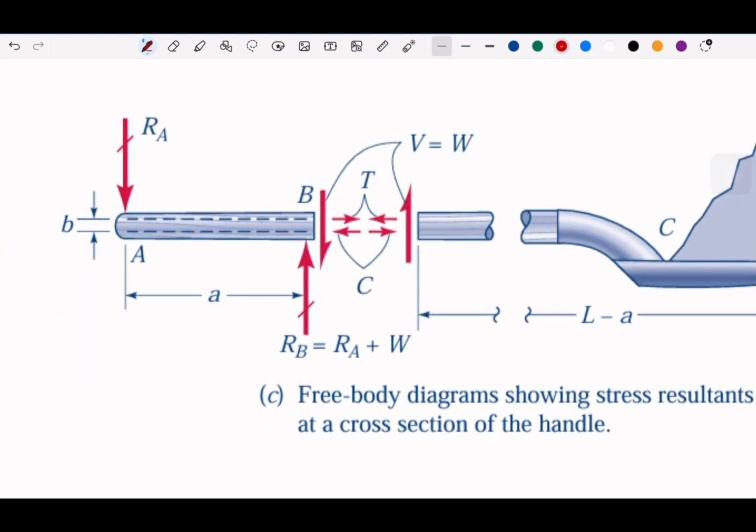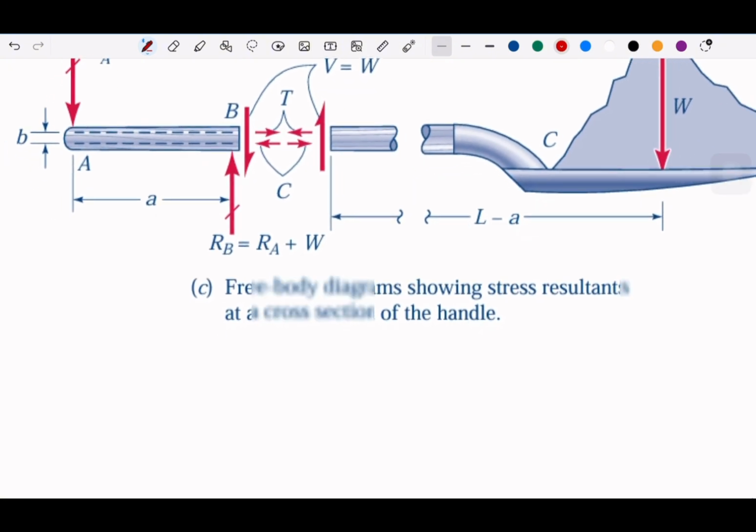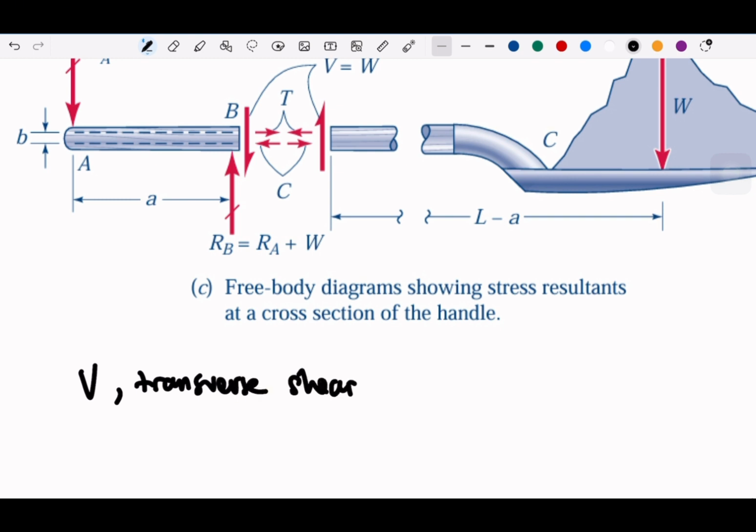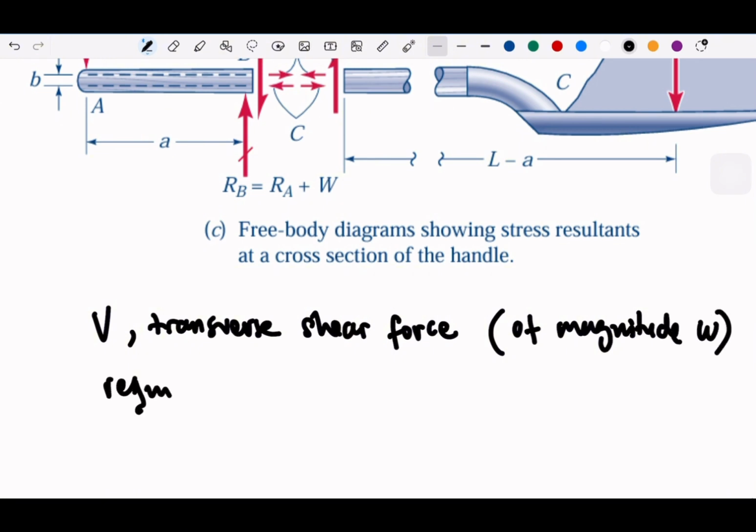We have the shear force V, the transverse shear force, which needs to be equal to W in magnitude, required to satisfy equilibrium.